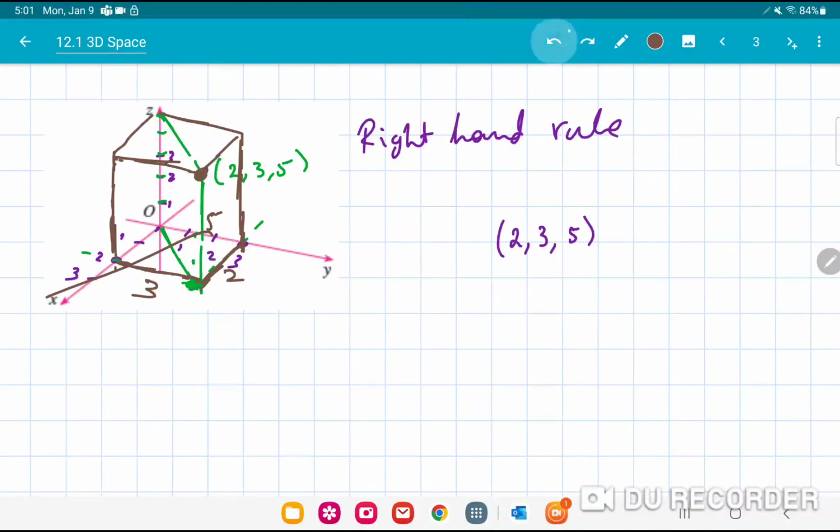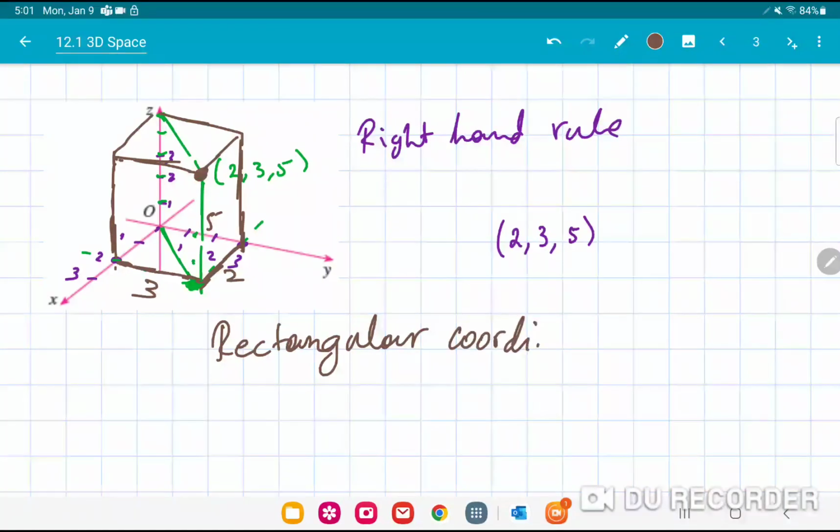Okay, so that's the rectangular coordinate system in 3D, the three-dimensional rectangular coordinate system. Okay.